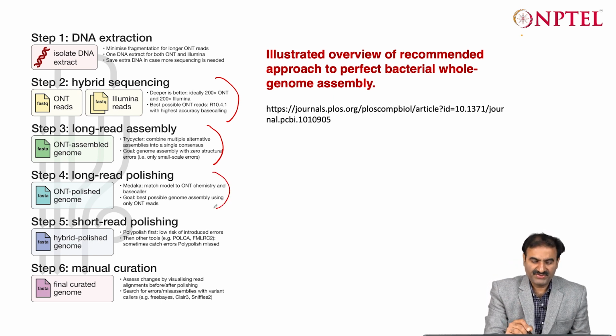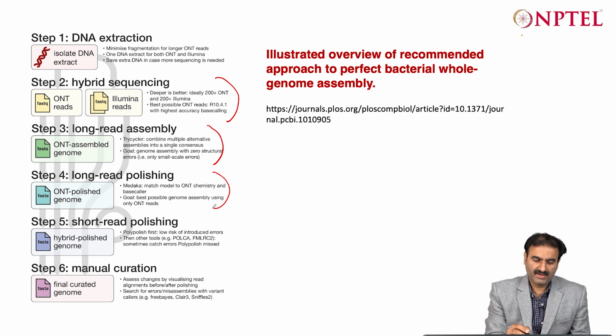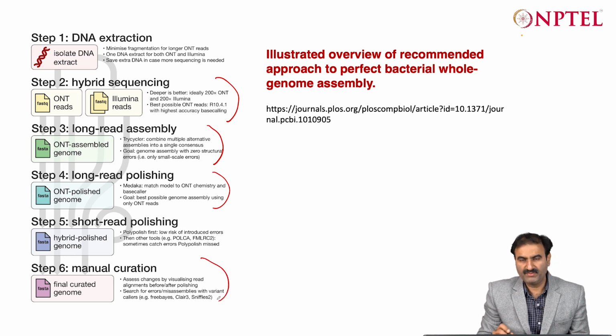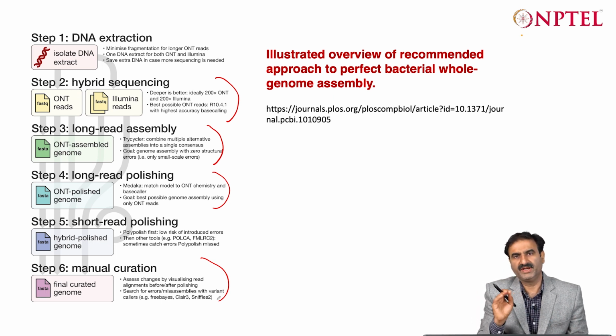Then you polish the long read assembly using the Illumina reads, because long reads are prone to errors, so long read and short read polishing. After that you do some manual curation to improve the quality of the genome as needed, and also to define the origin of replication and rearrange the genome coordinates according to that origin of replication.